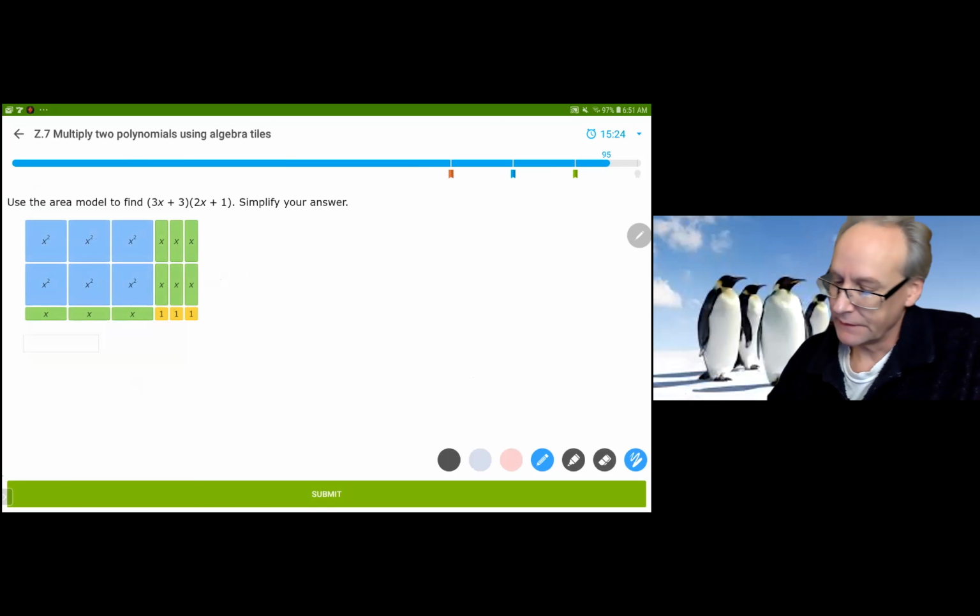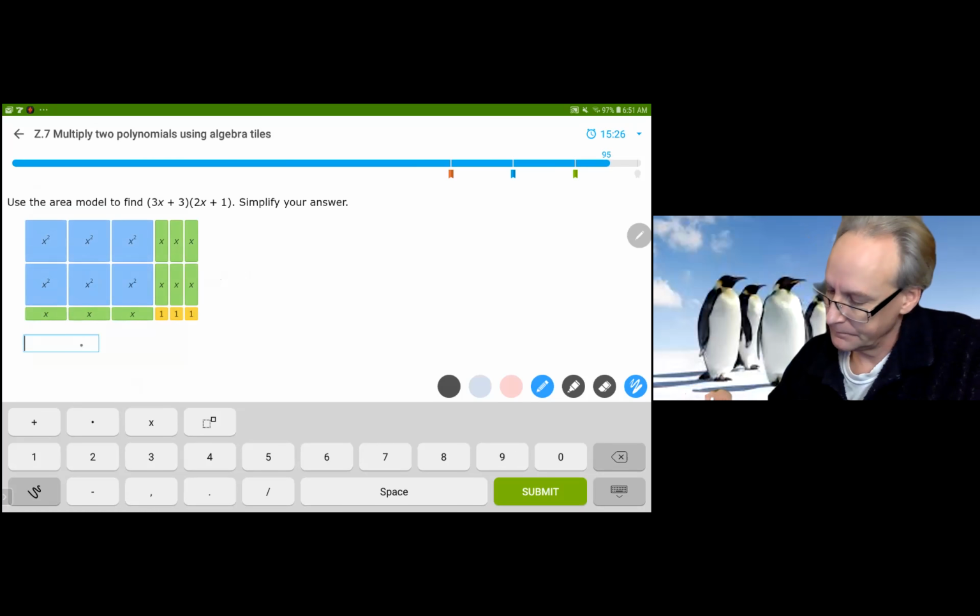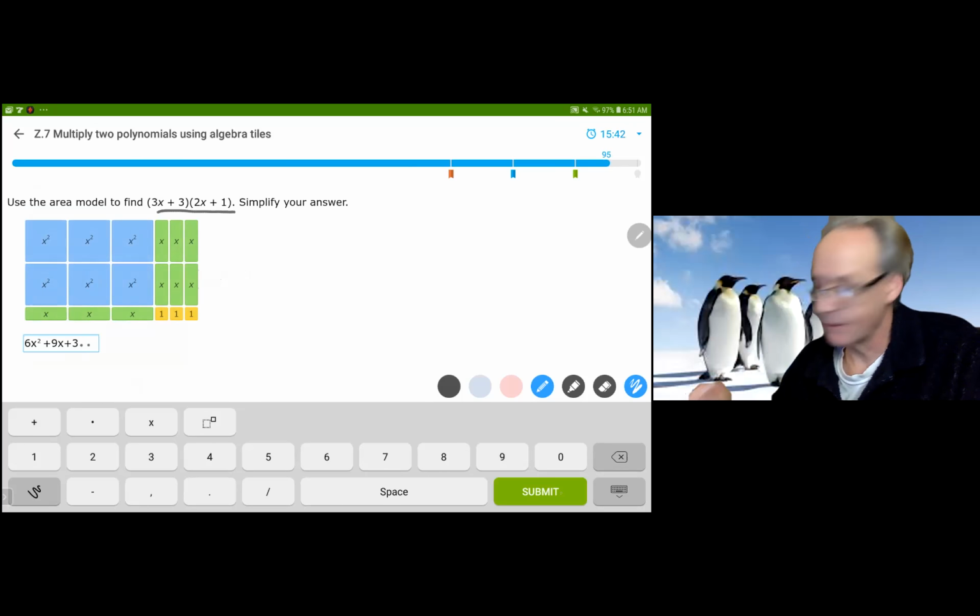Okay, we've got 6x squared. We've got 6 and 3 more makes 9, plus 9x plus 3. And that's the same that I get if I multiply it up there.